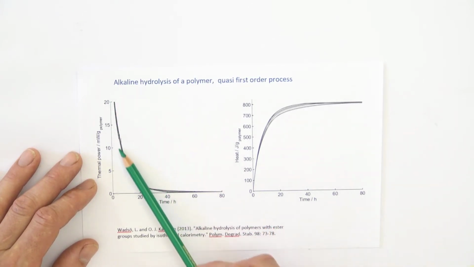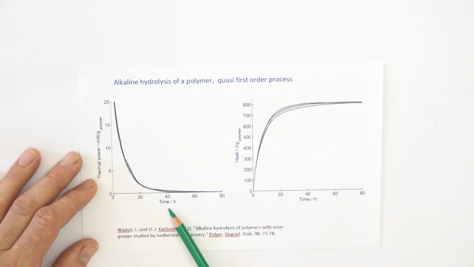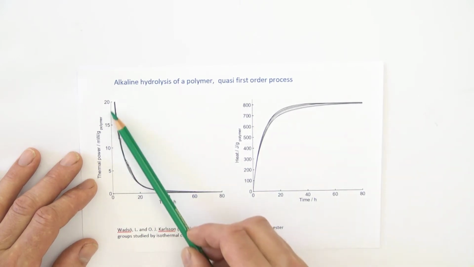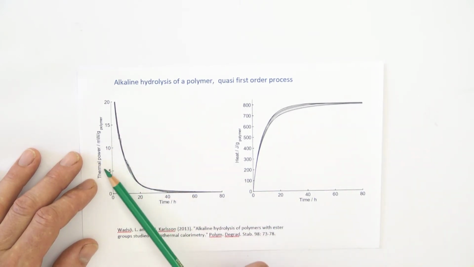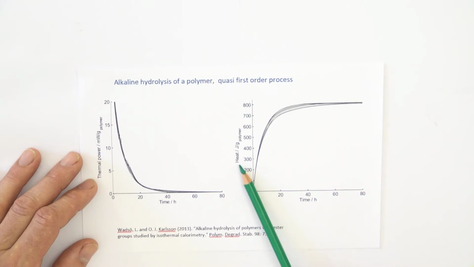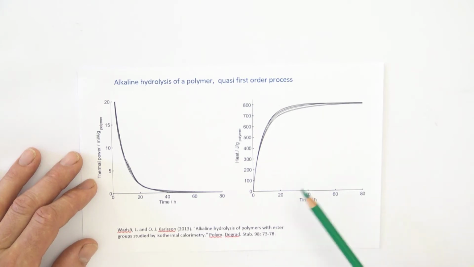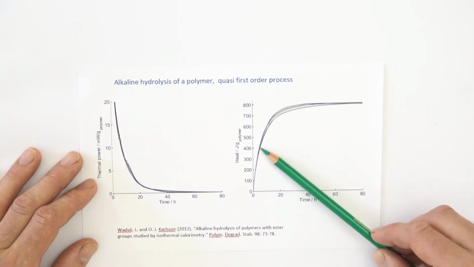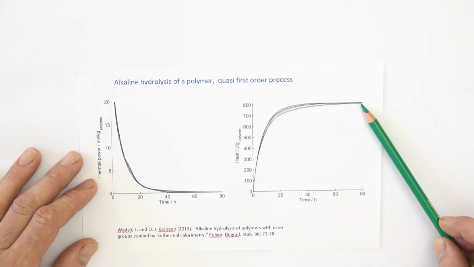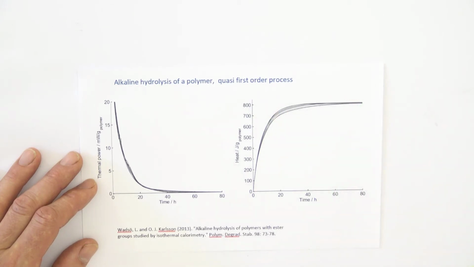So this is an exponential decay from the chemical reaction. But in this case, we wanted to integrate these curves. The thermal power, if it's integrated, gives the heat. And the heat, in joules per gram polymer, means we can calculate the enthalpy of the process. So we integrate and we see that all these curves end up around 800 joules per gram.